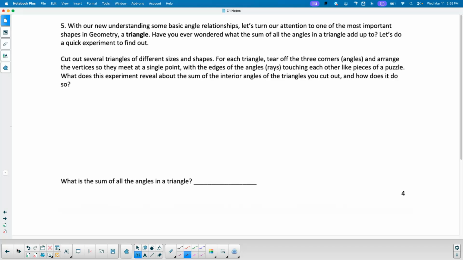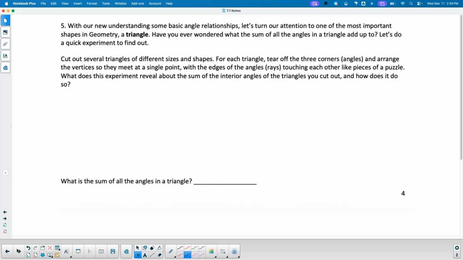Ooh, okay. So in a triangle, we'll go up here with it now. What do all of the angles add up to be? How many degrees in a triangle? 180 degrees.